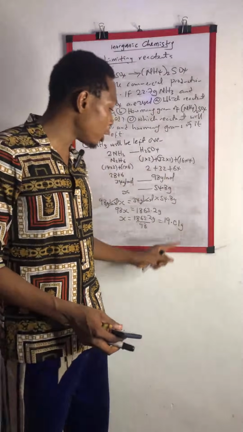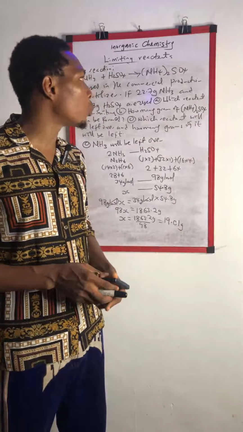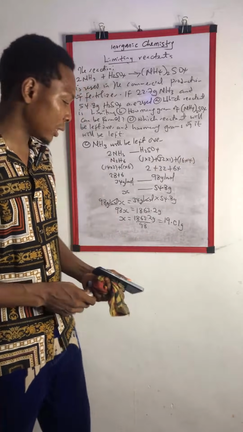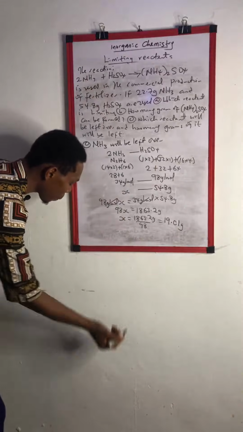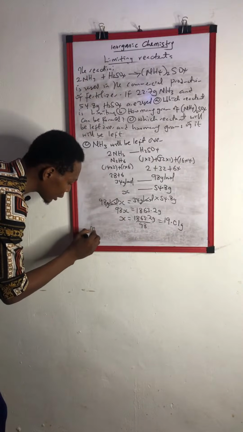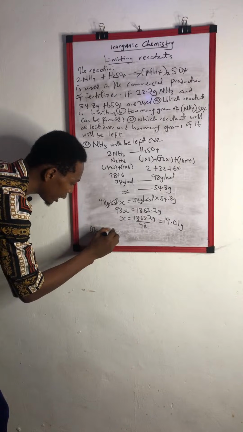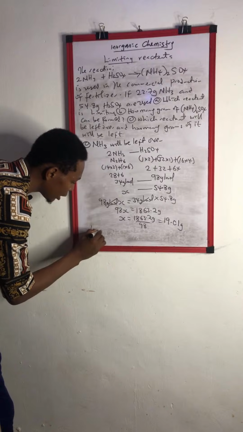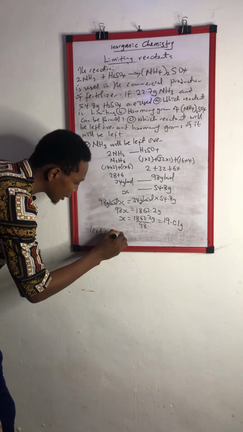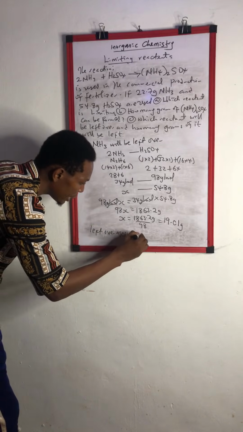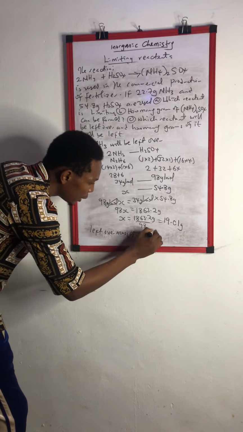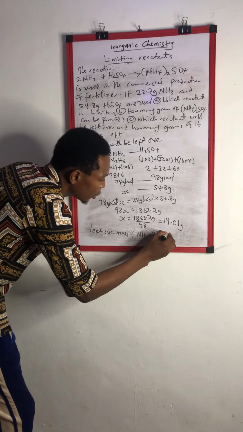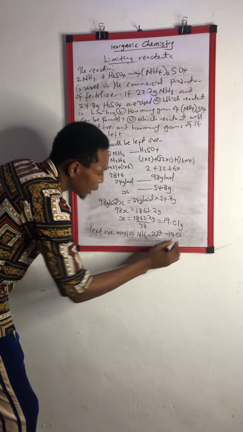So to get that leftover, I subtract this from this 22.7 grams. So what you now have left is the excess mass that was left. So you now say mass of leftover NH3 will now be 22.7 minus 19.01.